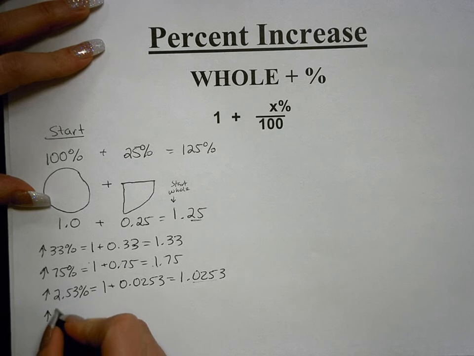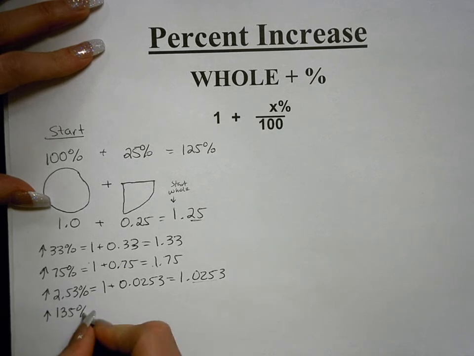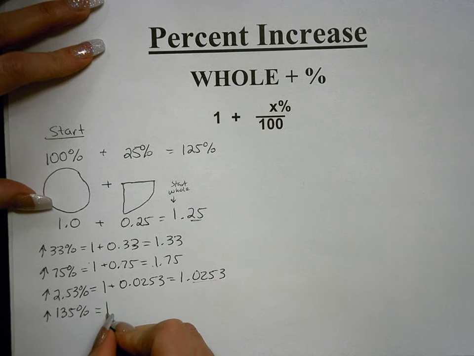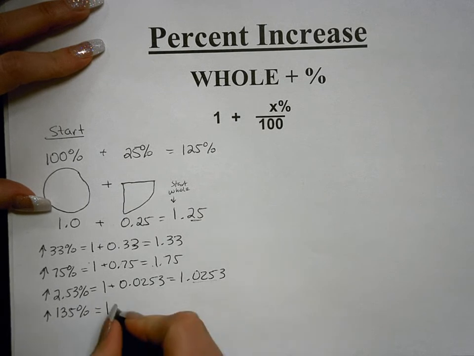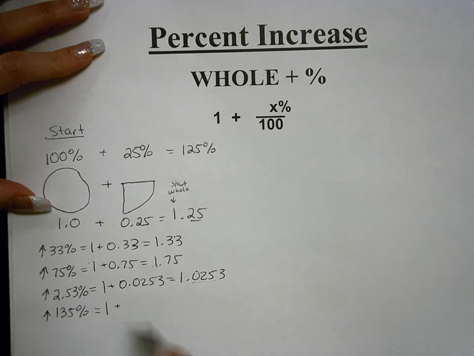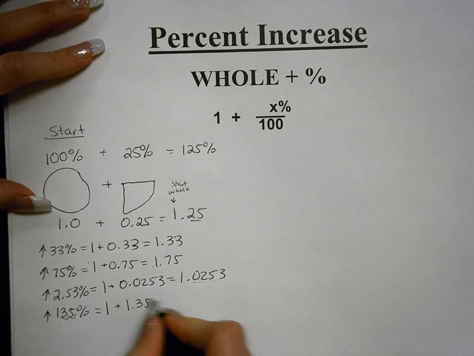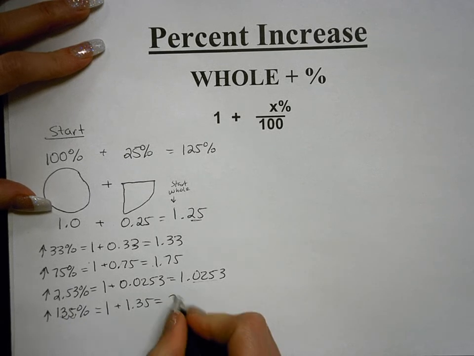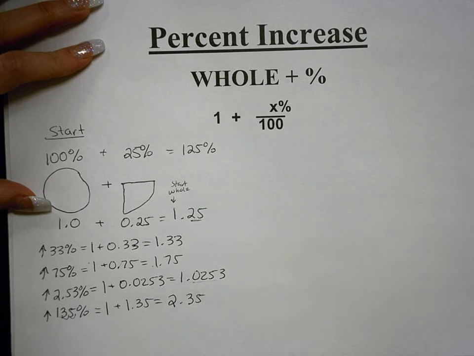Lastly, let's look at if something was to increase by 135%. Well, then we'd just do the same process. Start with our whole, add our percentage increase in the form of a decimal. This in the form of a decimal would be 1.35. And so we'd end up with 2.35. Now our original whole, our starting amount, 1, is within that, but this is also increased by 135%.